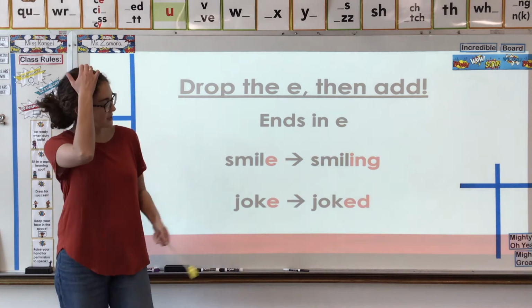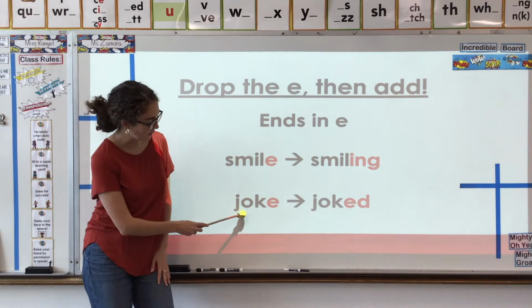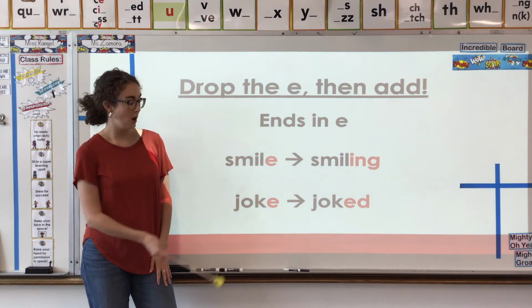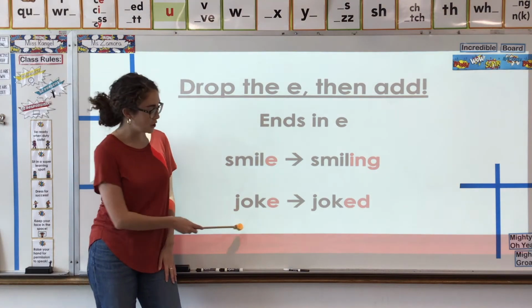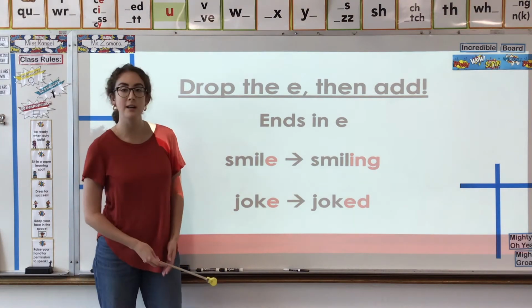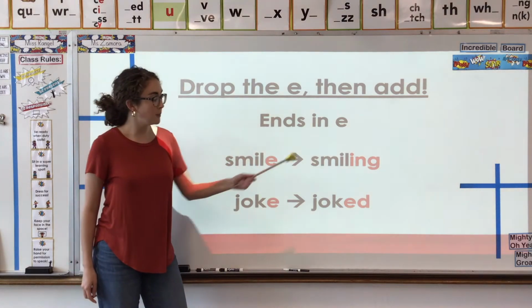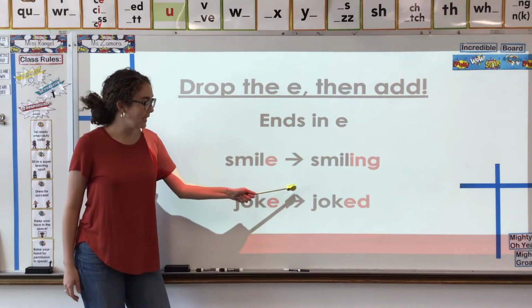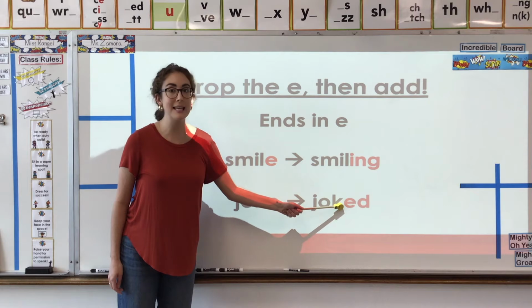Or in the word, what is this? We see vowel consonant E. O. Joke, joke. We have an E from vowel consonant E. So before we add our ed ending, we have to take away the E. Notice how there's not two E's here.